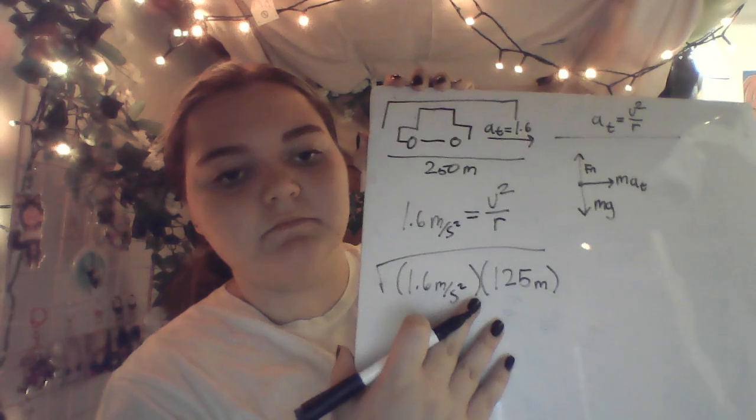That's going to give us the square root of 200, and the square root of 200 is 14.14 meters per second, and this is going to equal our final velocity.